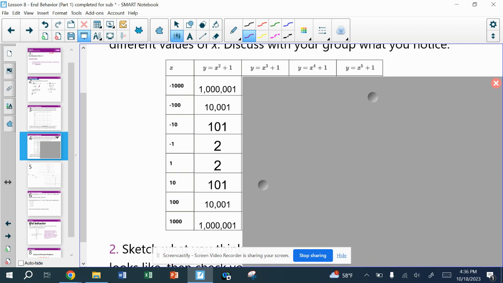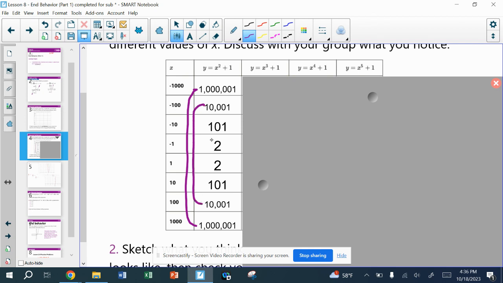We're going negative 1,000 up to positive 1,000 by factors of 10 in each of these. So the beginning and ending numbers are the same in this. And the fact that it's a square, an even exponent, has something to do with it. We're starting with really big numbers here and ending with really big numbers, and they match, right? And you can see that symmetry.